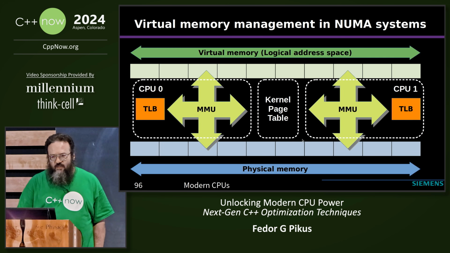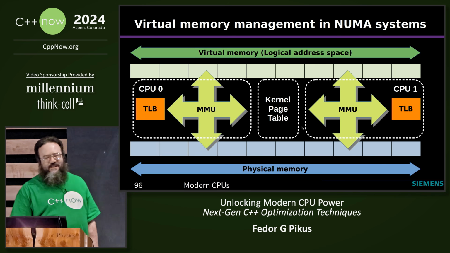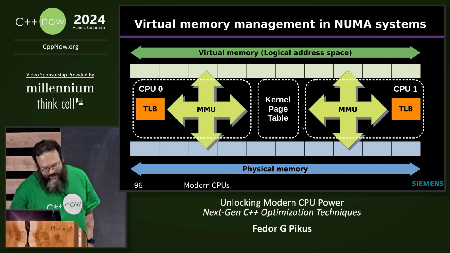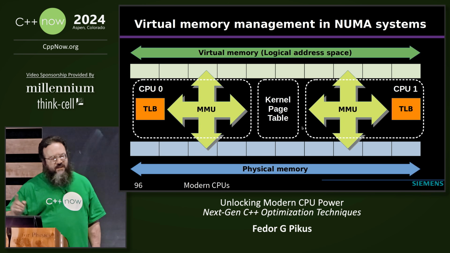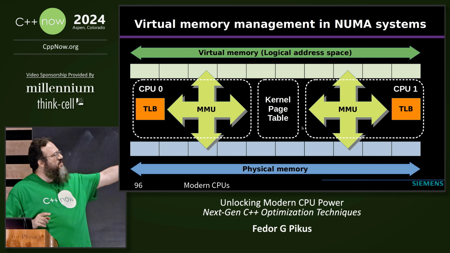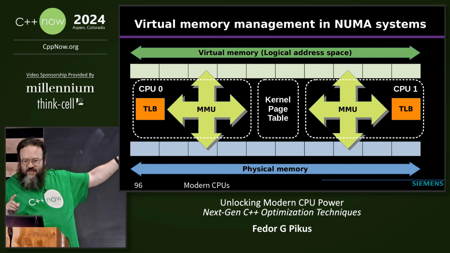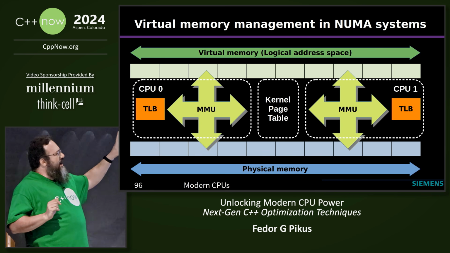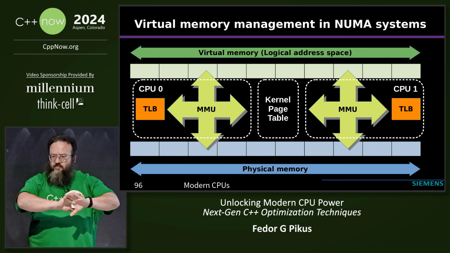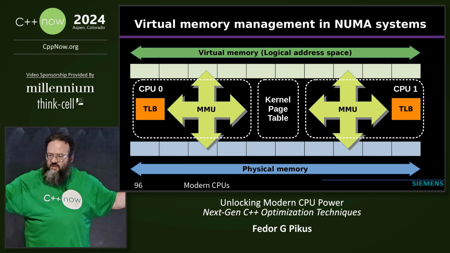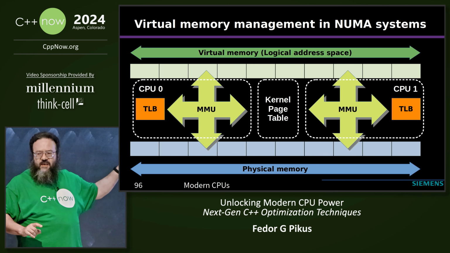Could that be to do with the NUMA? Yeah. So now we get into the NUMA part. The kernel page table is one and only. TLBs are per CPU, per package, or per socket, or per NUMA node, basically. Unlike the caches, which have the whole hardware coherency machinery, there is nothing like that for TLBs. TLBs can get out of sync, and the hardware doesn't care and doesn't even know.